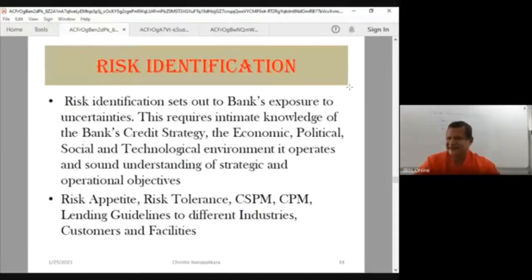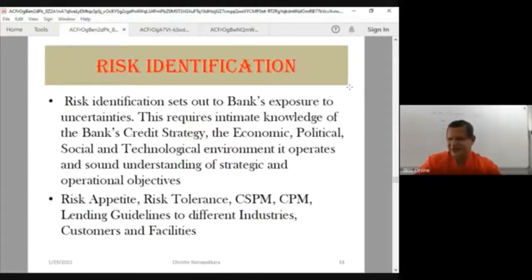Then you need to apply the same knowledge to see what the future will be like. And these things are done by the risk department, because they need to identify where you want to put your money, that is risk appetite.